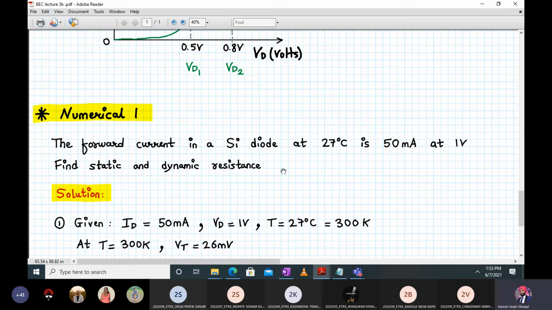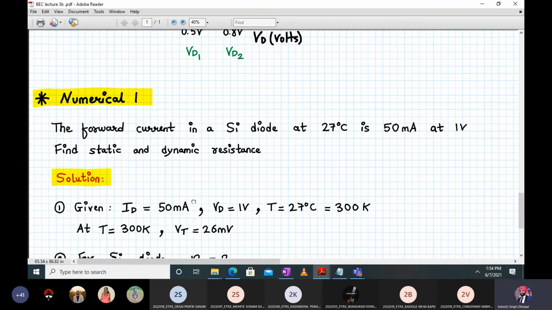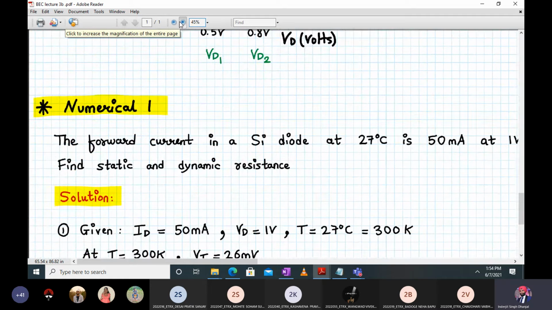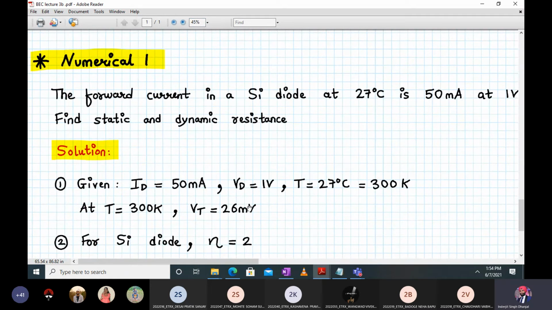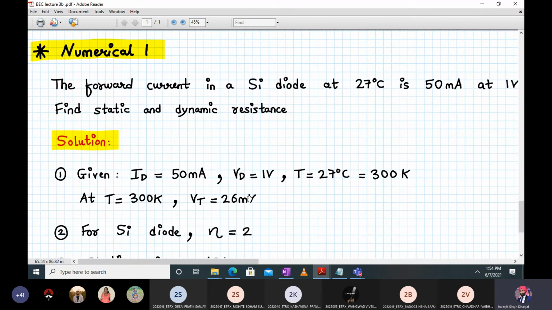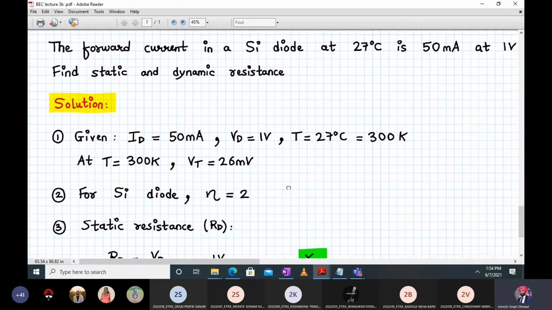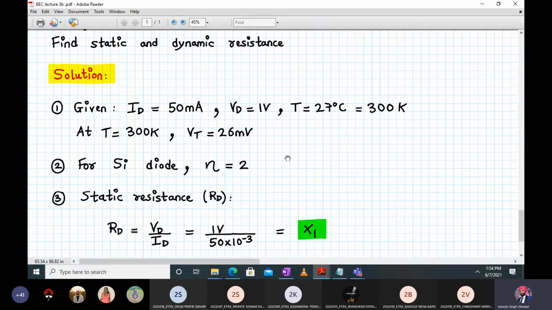What they are giving us is, let me slightly increase the font, the temperature is 300 degrees Kelvin, and the VT value at 300 degrees Kelvin is 26 millivolts. For the silicon diode, the eta value is 2. What will be the static resistance?